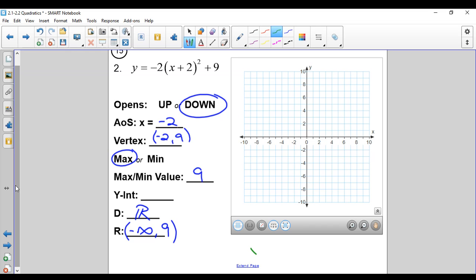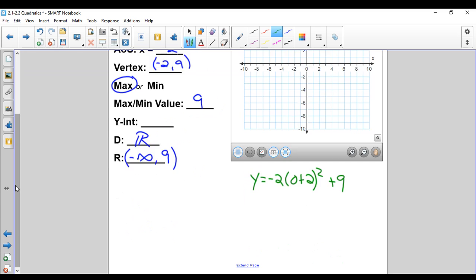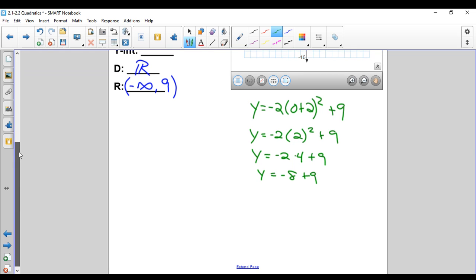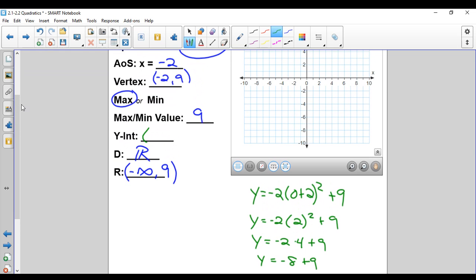So we have y equals -2 times (0 plus 2) squared plus 9. y equals -2 times 2 squared plus 9. y equals -2 times 4 plus 9. y equals -8 plus 9, which is 1. Y-intercept is 1.